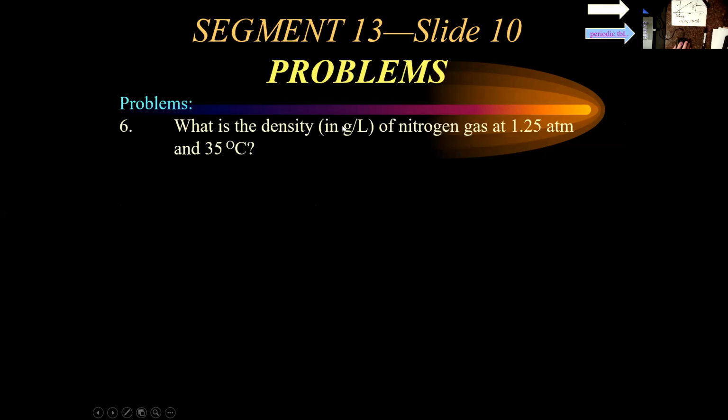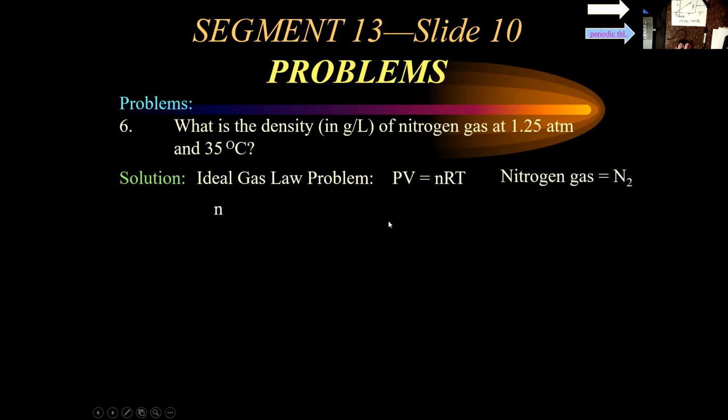What's the density in grams per liter of nitrogen gas at 1.25 atmospheres and 35 degrees Celsius? Okay, it's an ideal gas problem. PV equals nRT, and the number of moles over volume is going to be P over RT.